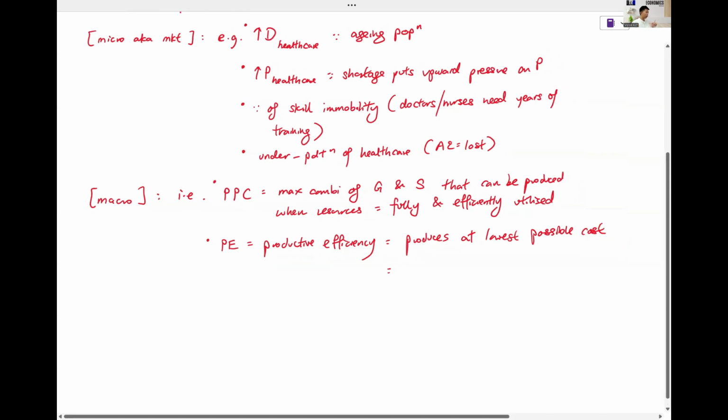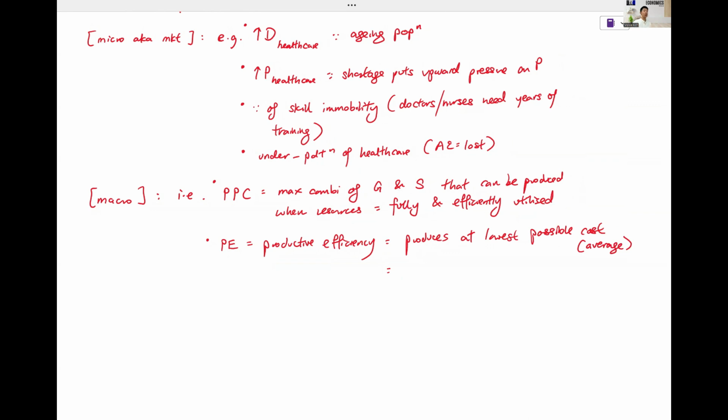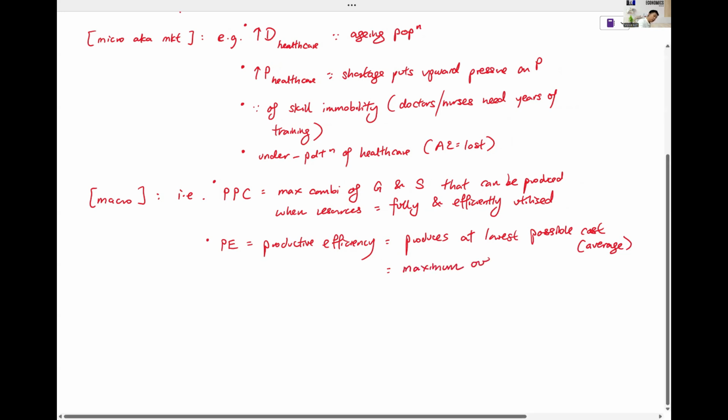You still have your fixed cost. So actually, when you try and think of what possible cost means, it's average. So that means you also want to spread out your fixed cost. You want to produce, right? So it's lowest possible average cost. Okay. And do you know that also means you actually want to have maximum output from all available resources?